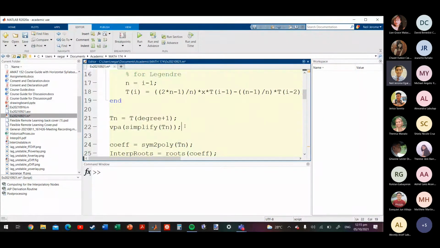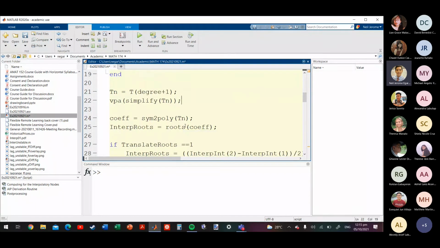Okay? And then remember, we want the interpolatory polynomial to minimize the L2 norm. So natutunan natin yung Legendre polynomial ang magbibigay ng pinakamaliit na L2 norm. So you want the interpolatory abscissas to come from the roots of the degree 11 Legendre polynomial. So kung mapapansin nyo, itong mga susunod na lines ay galing na dun sa code natin from last week.